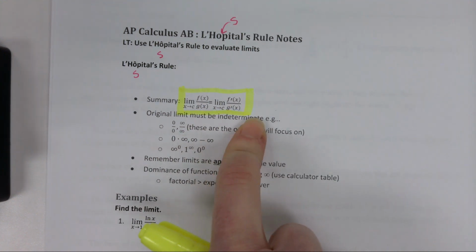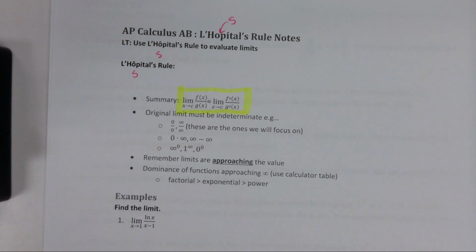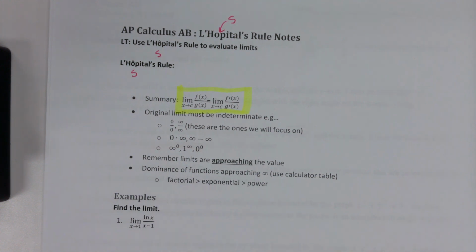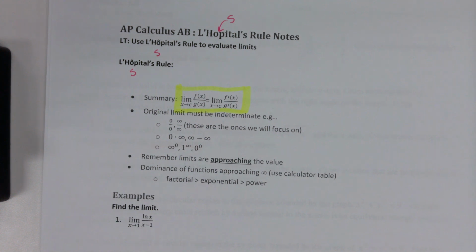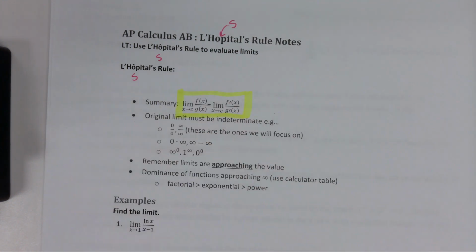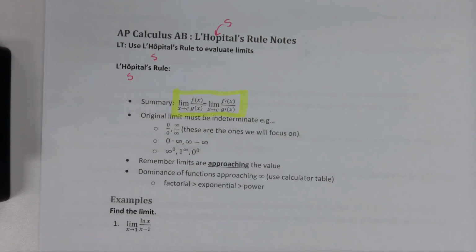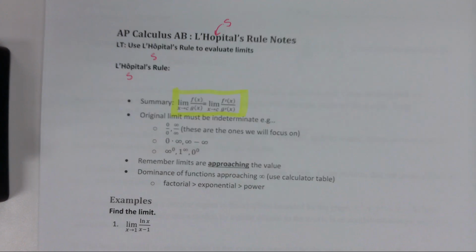So if I get an indeterminate form, I could use L'Hopital's rule to possibly get rid of that indeterminate form. And you want to make sure on the AP exam, because they usually ask a little part of a free response, that you actually show this statement, okay? Because then you're showing them, hey, that's what it is.